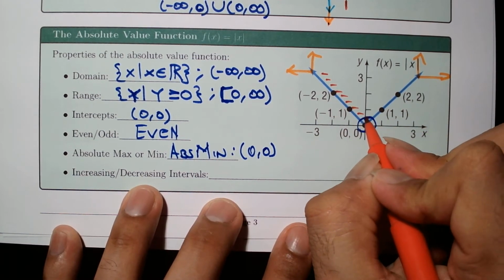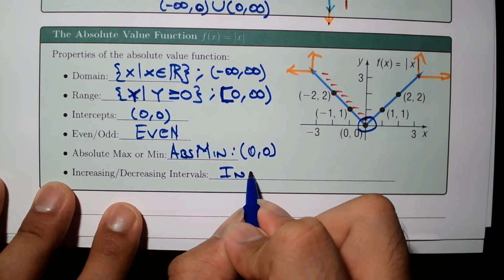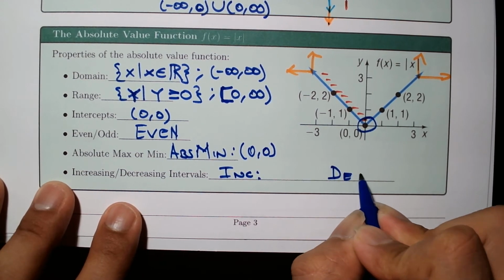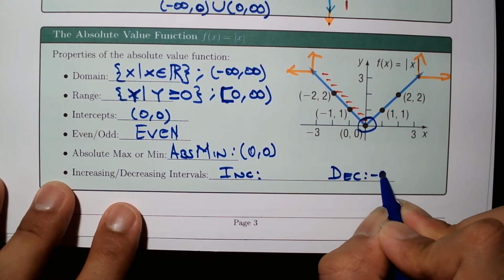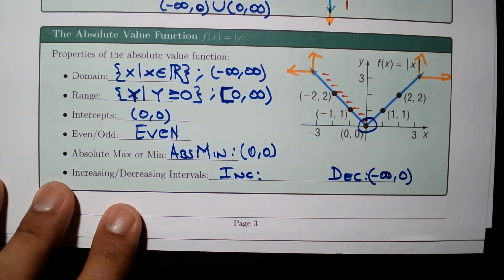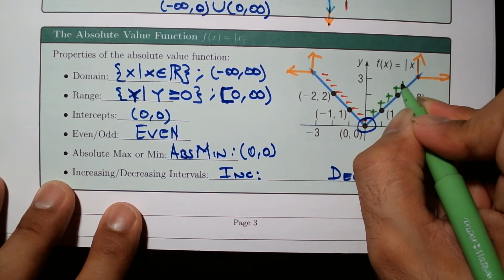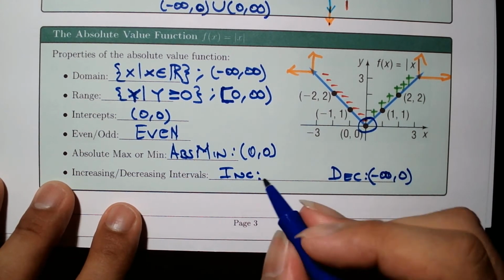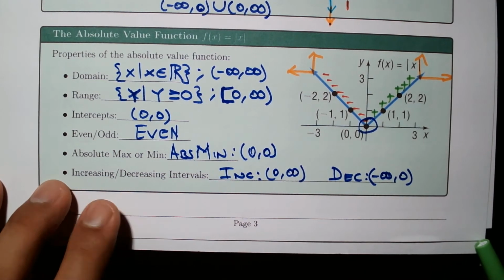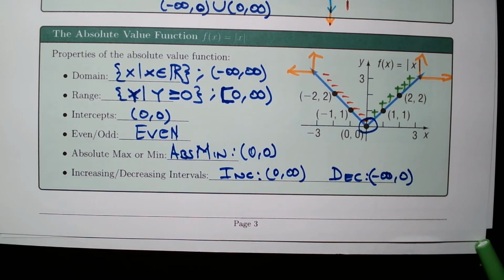Decreasing in the interval negative infinity to 0, and increasing on the other hand in the interval from 0 to positive infinity.